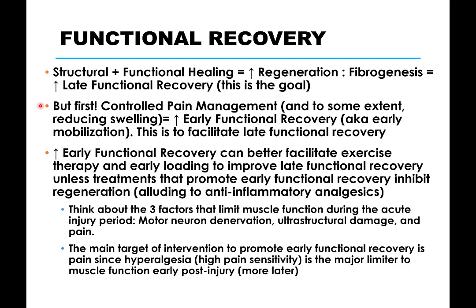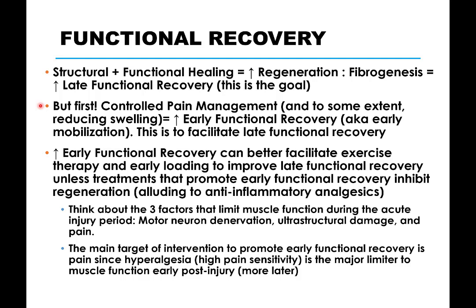It is about getting the muscle to the point where you can achieve some mobility and thus some early recovery of the muscle function. Simply put, you want to make the muscle somewhat functional as early as possible to help better optimize the full recovery of muscle function, i.e., late functional recovery. So generally speaking, what do you think would help facilitate early mobilization and thus early functional recovery?